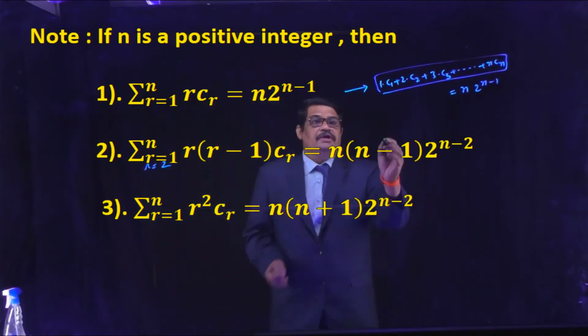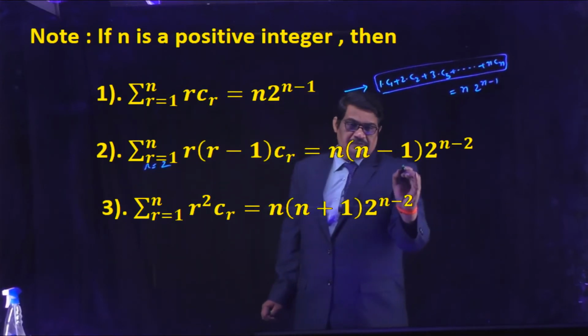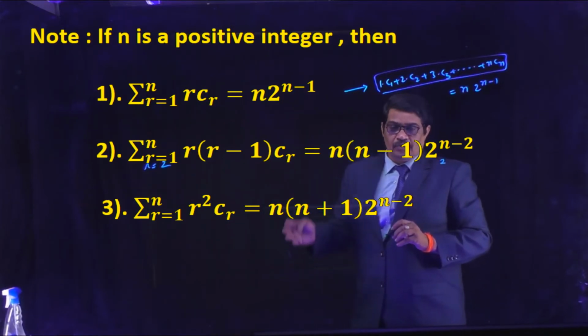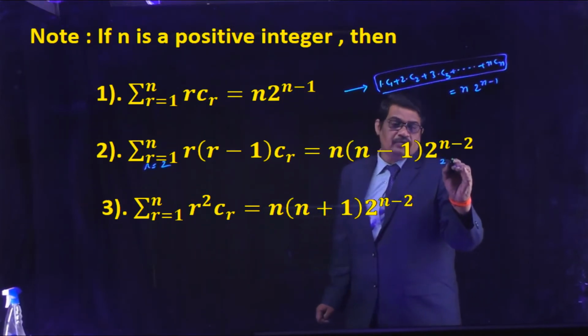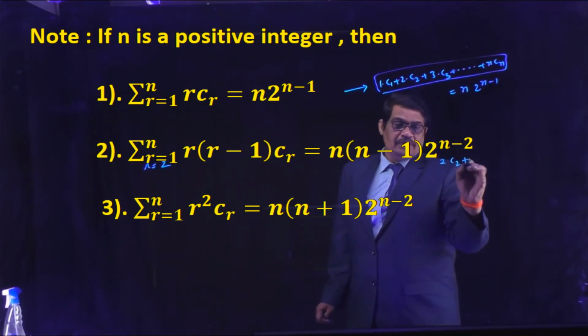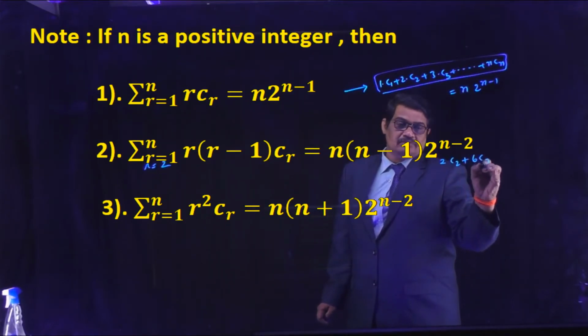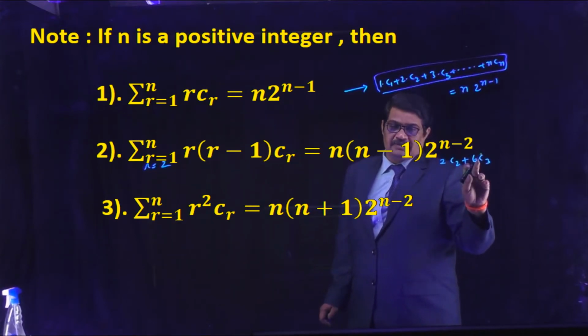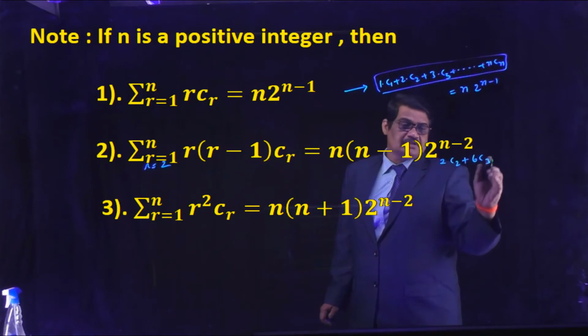So here this is the expansion taken from r is 2 to n. That is 2 into 2 minus 1, that is 1, into C2. Next we take 3 into 2, that is 6, into C3, since 3 minus 1 is 2 and 2 into 3 is 6, and so on.